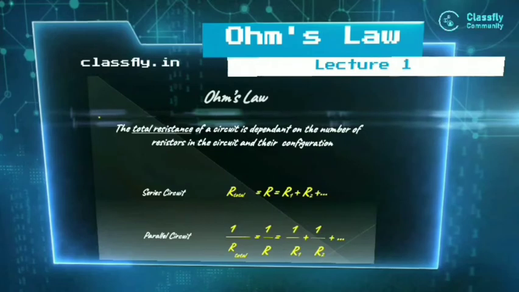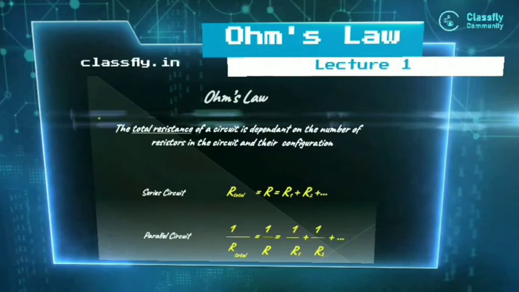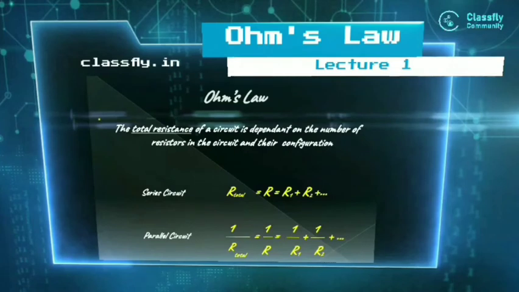In a series circuit, R total equals R1 plus R2 plus R3 plus R4 plus R5, and if there are more resistors, it continues. But in a parallel circuit, it is inverse: 1 by R total equals 1 by R1 plus 1 by R2 plus so on. These two equations state the same.